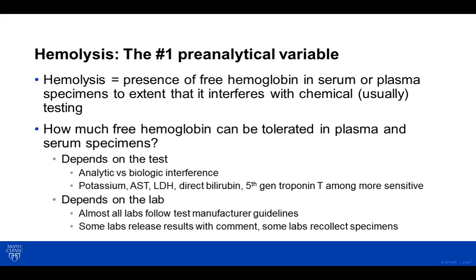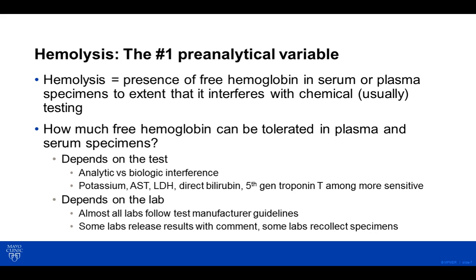There's generally 2 types of interference we think about from hemolysis, analytic and biologic. In the lab, that becomes important. Biologic interference means that the substance, this is potassium, LDH, AST, is highly concentrated in cells. So once we break those cells, and the free hemoglobin is a sign of the number of red cells that have broken, we really can't fix that.